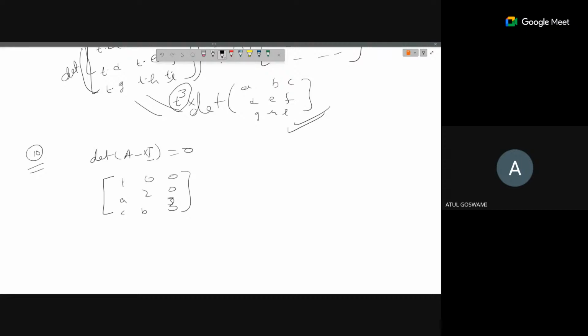So this is A minus x times I, where I is 1, 0, 0, 0, 1, 0, 0, 0, 1. And then the determinant of this equals 0.